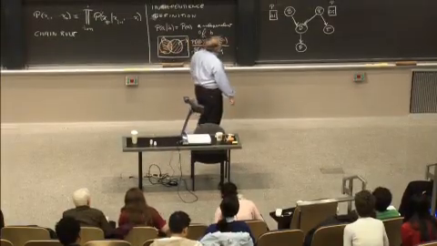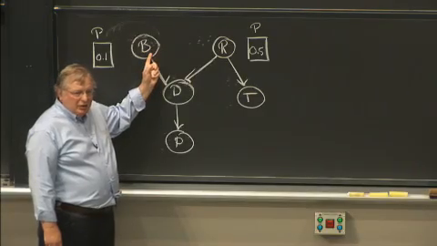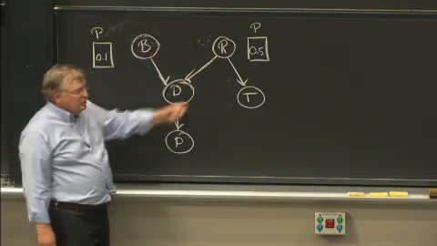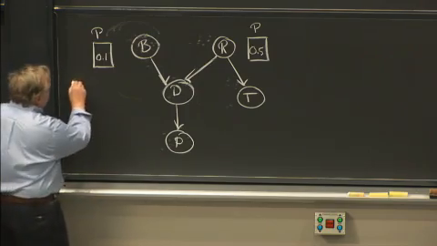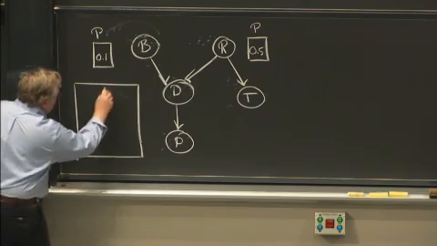So what about the dog barking? That depends on whether there's a burglar, and the other parent is whether there's a raccoon. So we need to keep track of the probability that the dog will bark for all 4 combinations.